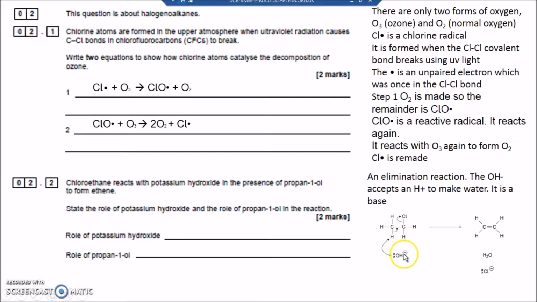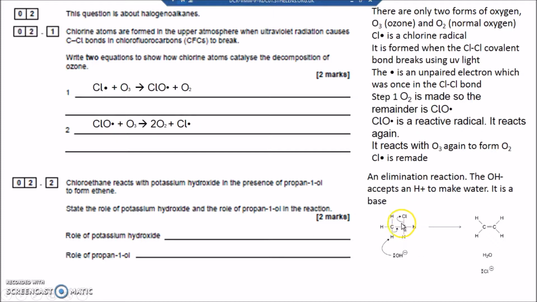When that H reacts with an OH-, it makes water, because this OH- is giving electrons away to bond to the H. So now I've got H2O, and it's given electrons away, so it's lost its minus charge. The electrons from the C to H bond move in between the two C's and form a double bond, and the Cl is broken off.